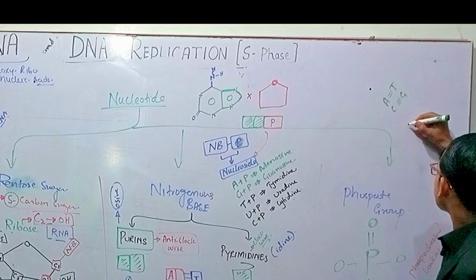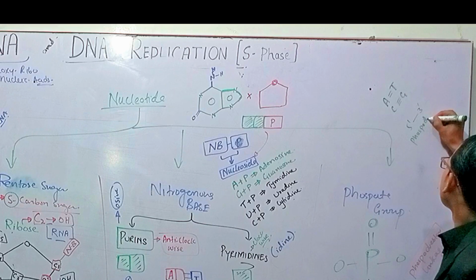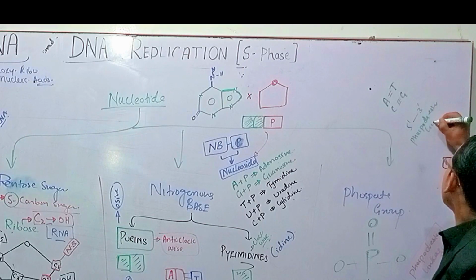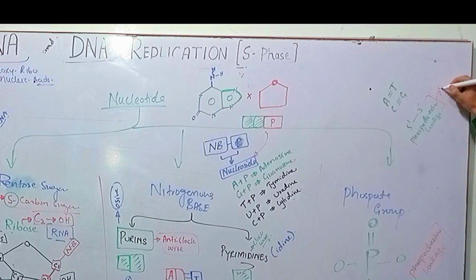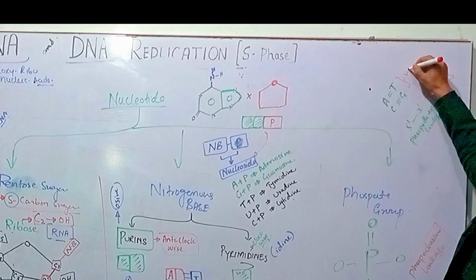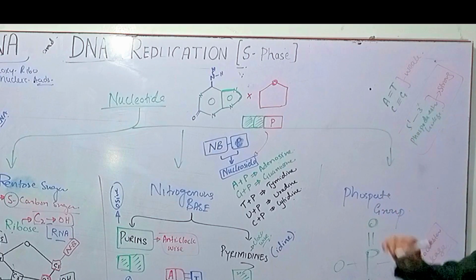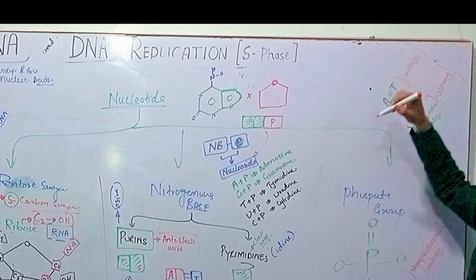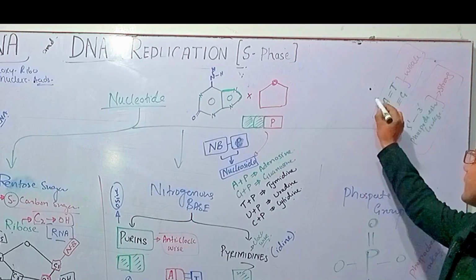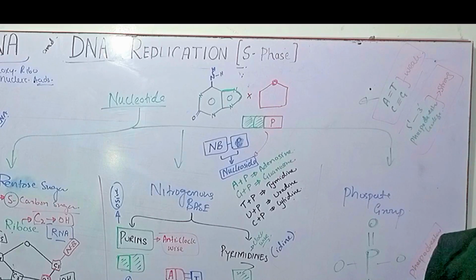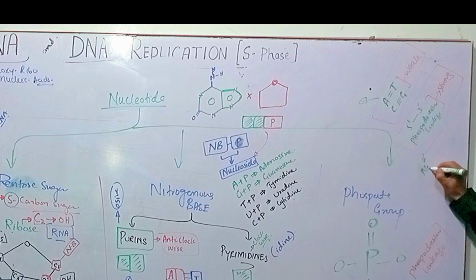The other bond is the 5 to 3 phosphodiester linkage. This is strong, and the hydrogen bond is weak, right? Breaking the hydrogen bonds needs less energy, and enzymes can easily break them. But for breaking the phosphodiester bond, we need nucleases.